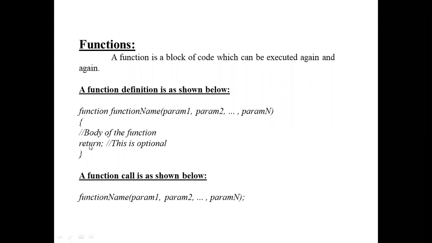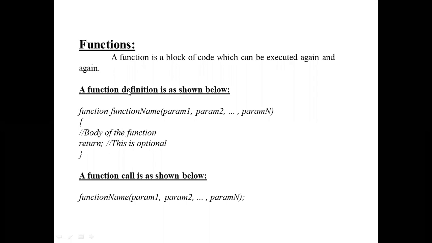Next, the function body contains a set of statements and an optional return statement that is executed when the function is called. Whenever the function is called, the statements in the body of the function and the optional return statement are executed.